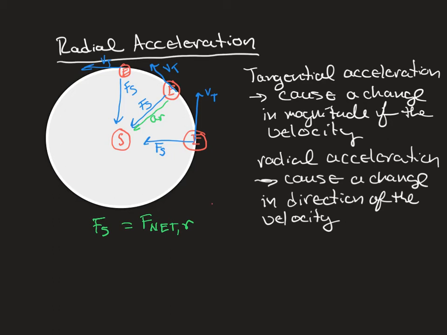So you do net force in the x, net force in the y, net force in the radial direction now. Just like we saw with x and y, the forces that we're summing to get the net force change from problem to problem, but they still sum to the net force in a particular direction.